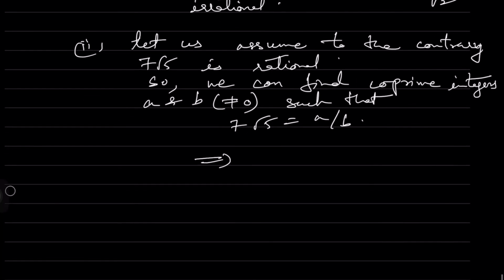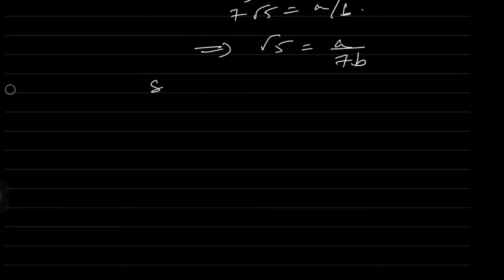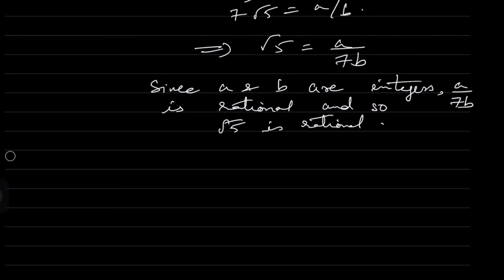Therefore, if you cross multiply, root 5 is equal to a by 7b. Since a and b are integers, a by 7b is rational. And so root 5 is rational. But this contradicts the fact that root 5 is irrational.